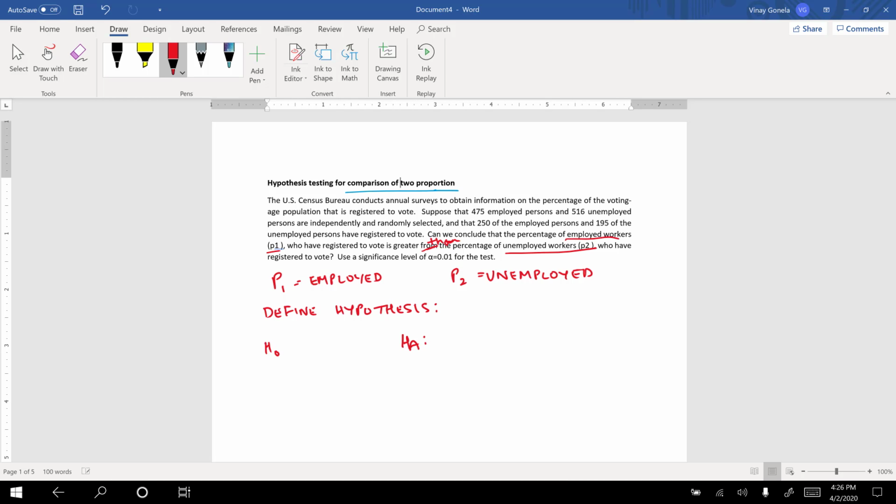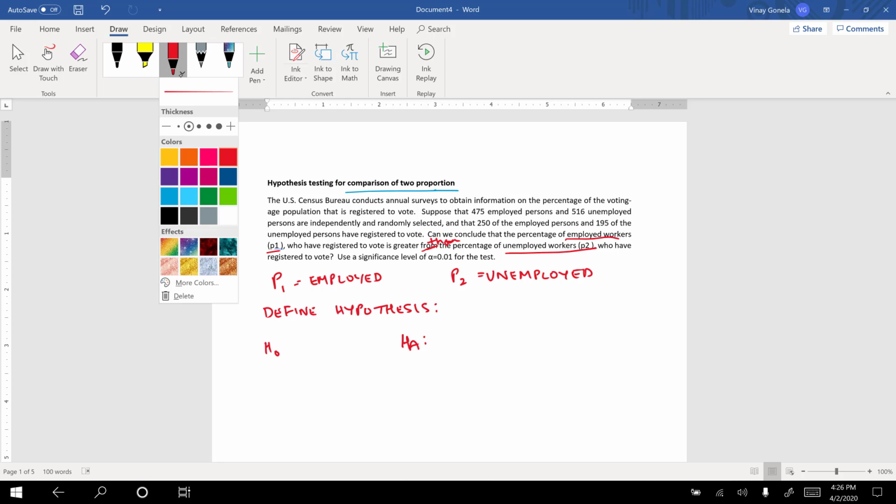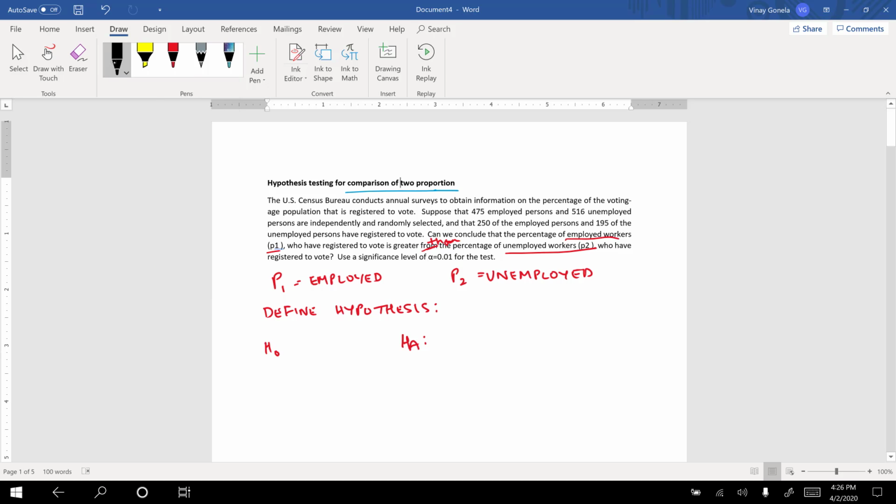So they say, can we conclude that the percentage of employed workers who have registered to vote is greater than the percentage of unemployed workers? So they are saying P1 is greater than P2.